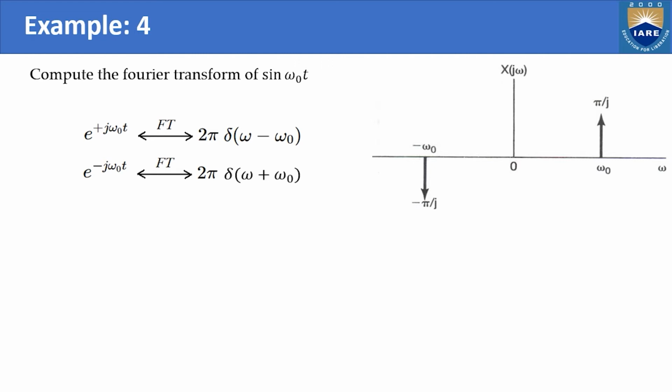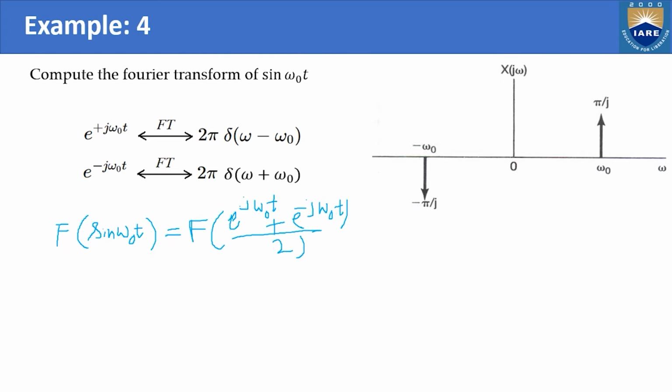Because here you have a sine wave, the Fourier transform of sine omega naught t equals the Fourier transform of, and I have to substitute Euler's equation here, e to the power of plus j omega naught t minus e to the power of minus j omega naught t, divided by 2j. That is the expression for sine.